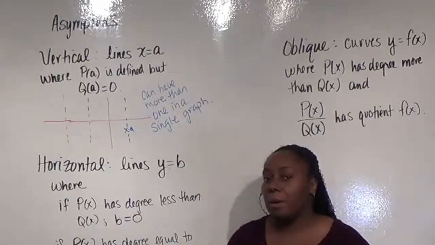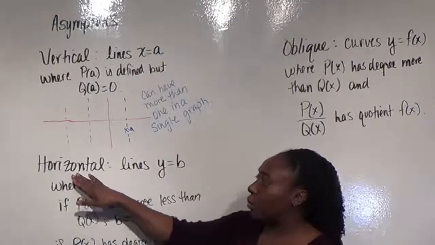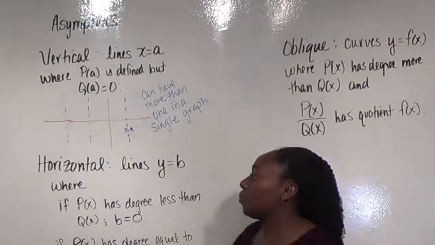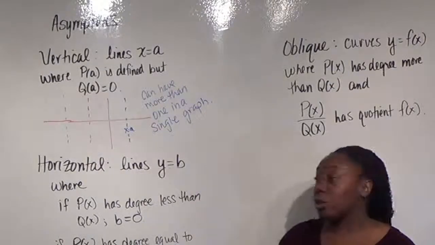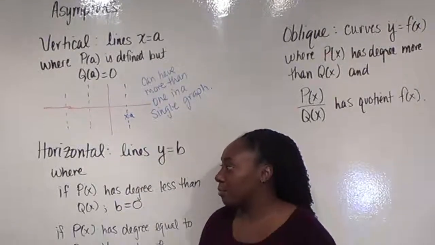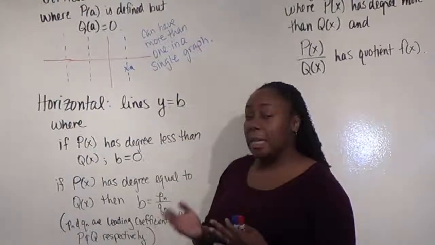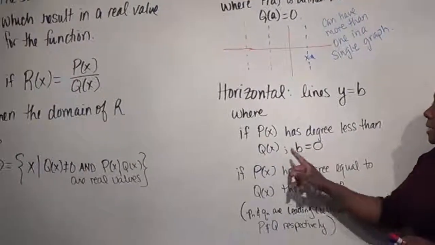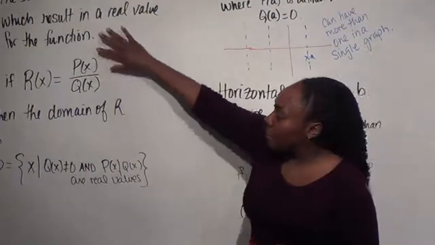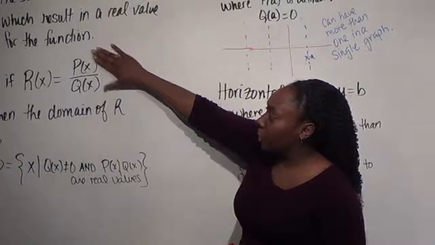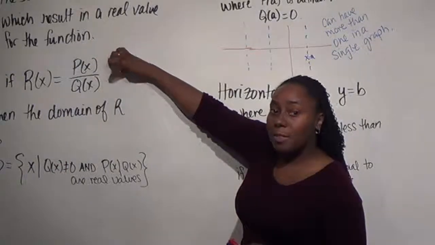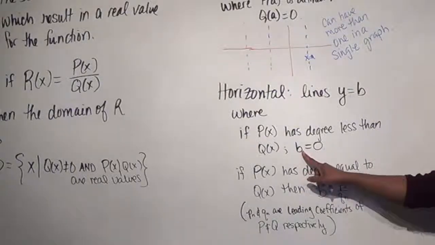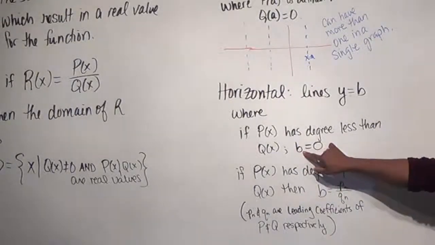The second type of asymptote that we're going to look at are the horizontal asymptotes. And these again are lines y equals b, so they're horizontal lines, hence horizontal asymptote, and we can get these two ways. If p of x has degree less than q of x, so again, if I'm looking at this p over q, the degree of the top is less than the degree of the bottom, then b equals 0 is going to be my asymptote.